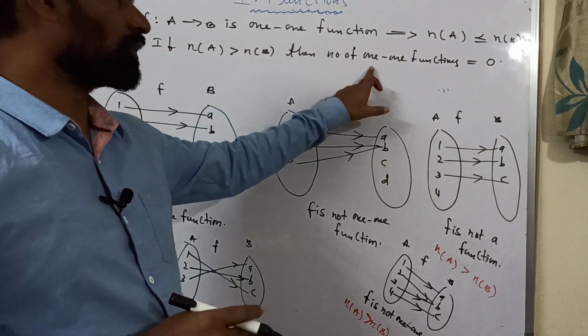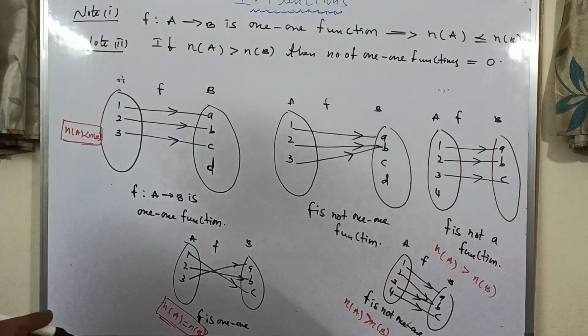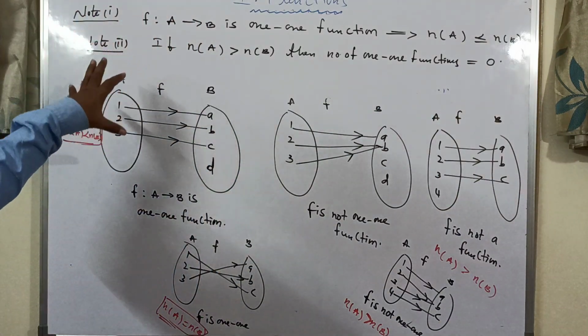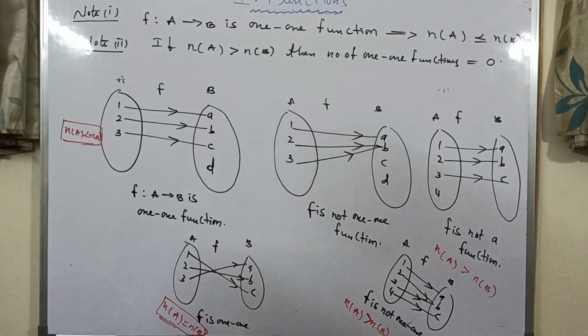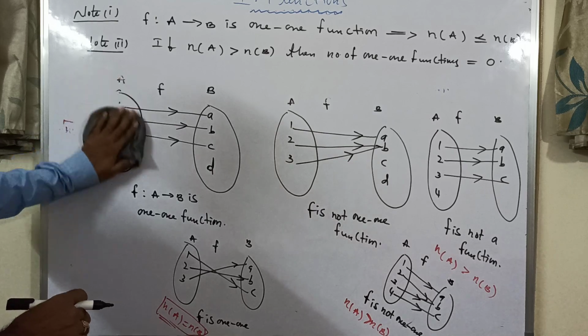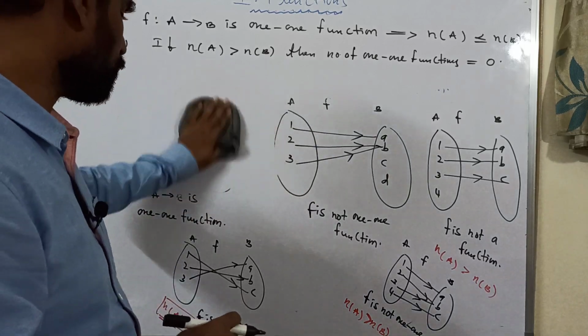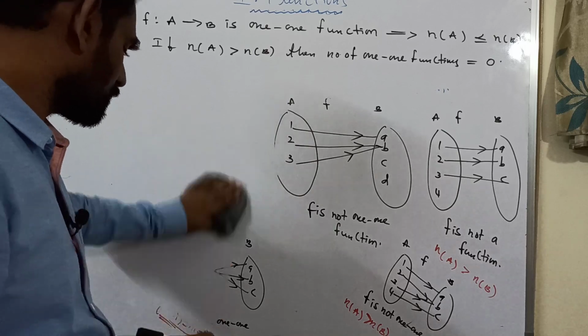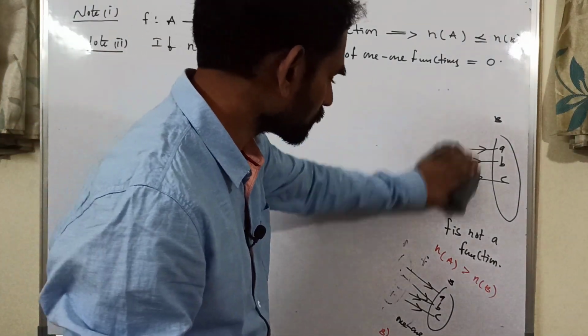Therefore, the number of one-one functions is always 0. Okay. Now, how to find the number of one-one functions? When the number of A is less than or equal to the number of B, we can write one-one functions there, but how many can we find using the same example?